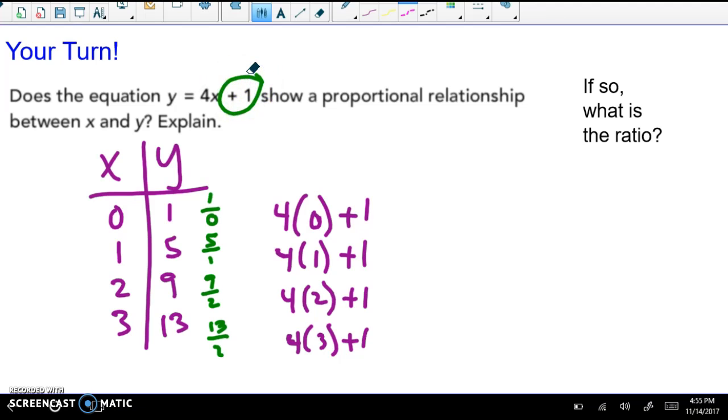And here's why. Anytime I am adding on to my x term, it's no longer proportional. It's no longer a constant multiple of x because y is a constant multiple of x plus 1. So that throws off our proportional relationship. It still graphs a straight line, but it's just not proportional because it won't go through the origin.